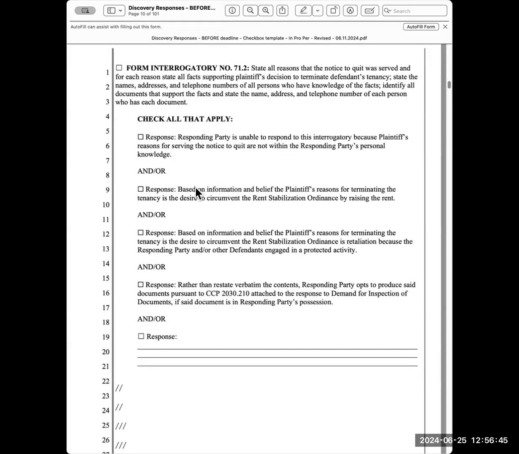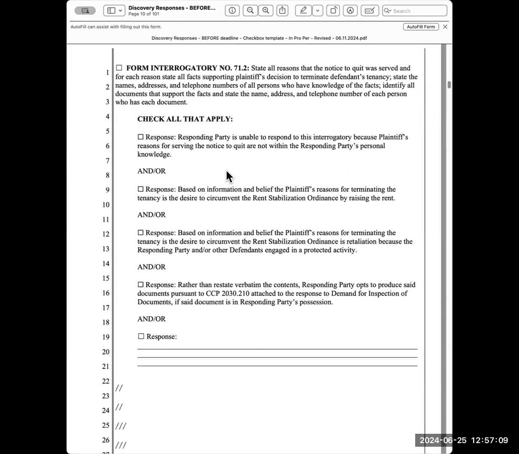So consider the different responses, because sometimes there's ulterior motives of the landlord that they make you aware of. Landlords often make mistakes, and out of anger or some other reason, they reveal their motivation for trying to get you out.